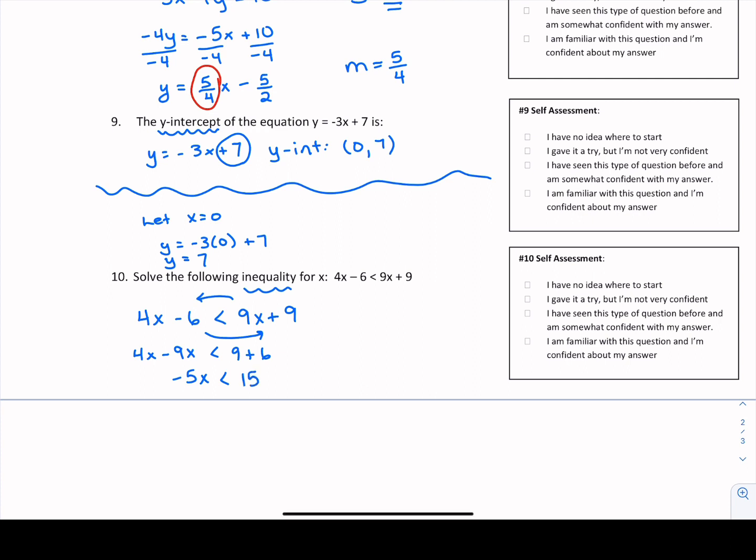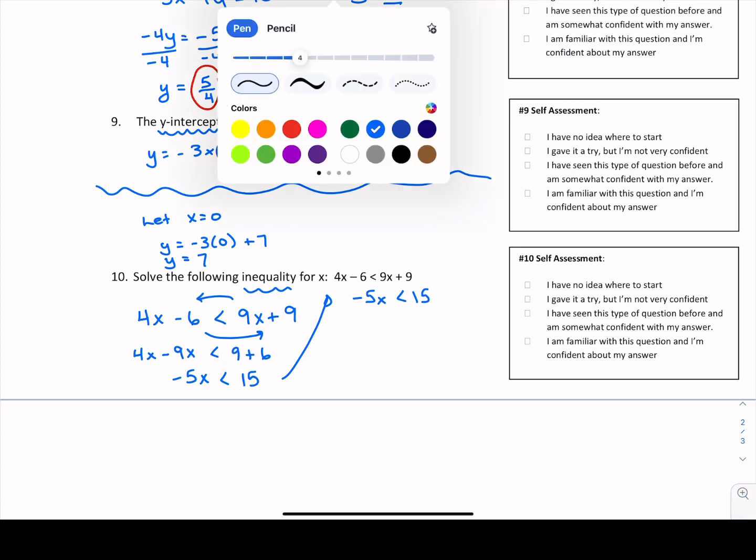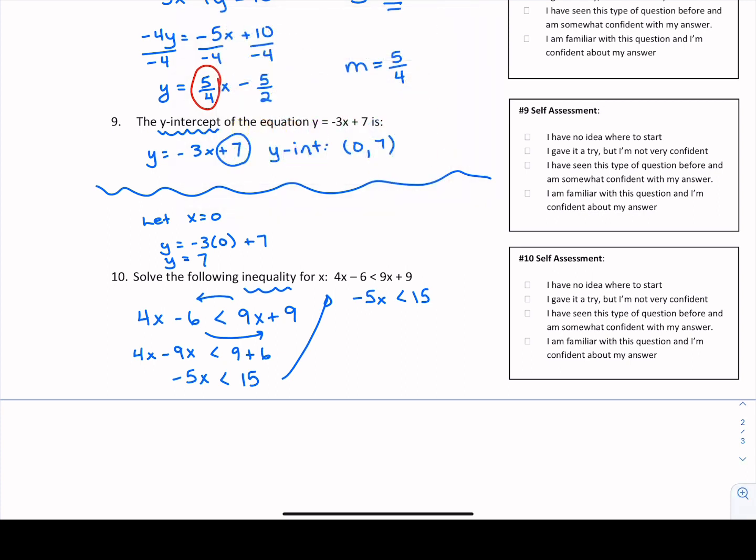From here, what we want to do is actually solve for that x. We want to get that x by itself. So I'm just going to rewrite this up here on the next side of our screen. We've got negative 5x is less than 15. What we need to do is divide both sides by the coefficient of x, in this case, negative 5. But something funny happens when you divide or multiply by a negative number and it's an inequality.